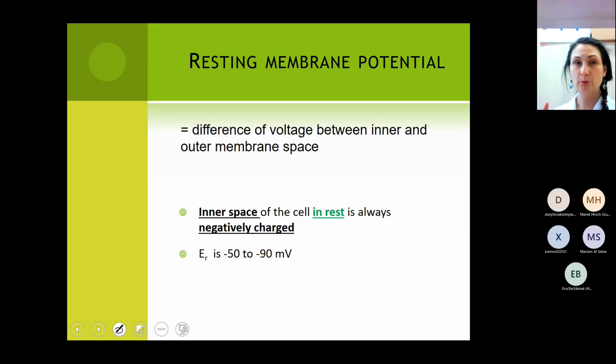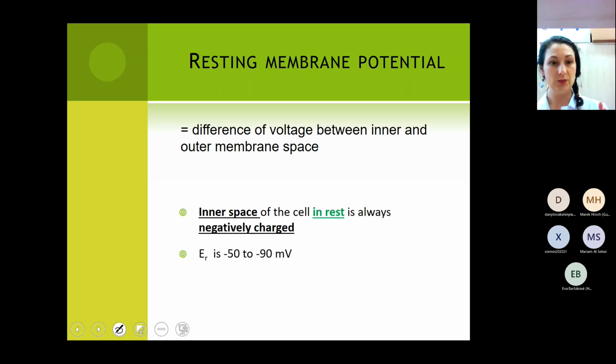We are talking about potential. So what is potential? If we separate two charges, imagine a battery with a plus and a minus, because they are separated, between them a potential is created. It's some energy which can be used for something.